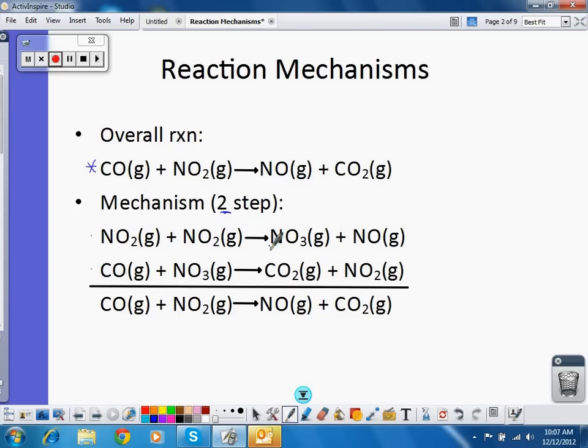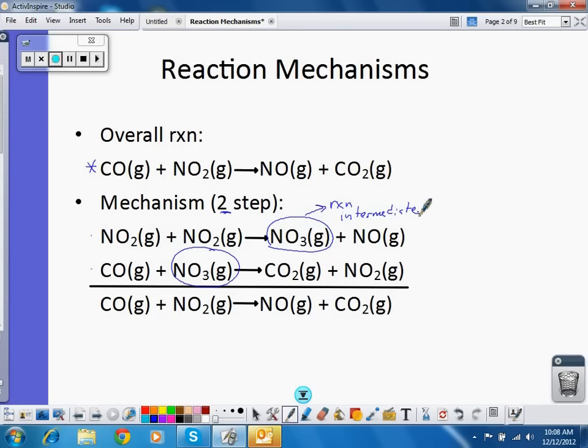So this product of the first step, NO3, nitrogen trioxide, which is used up in a subsequent step, is called a reaction intermediate. So it's something that exists in the process of the reactants becoming products, but does not appear in the overall reaction.